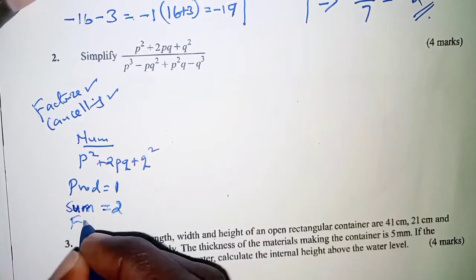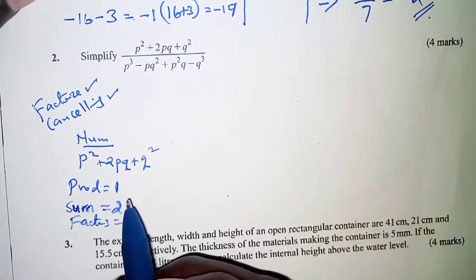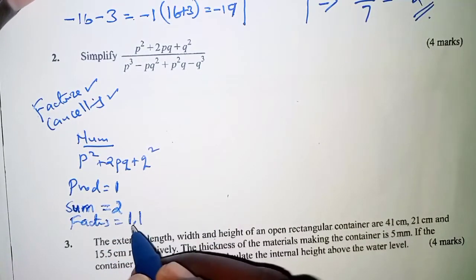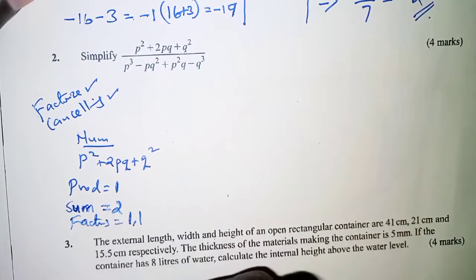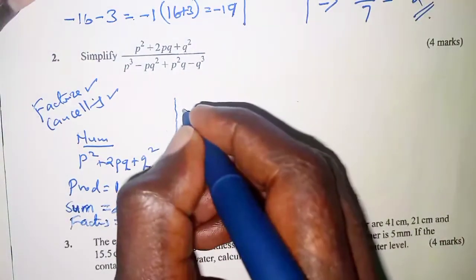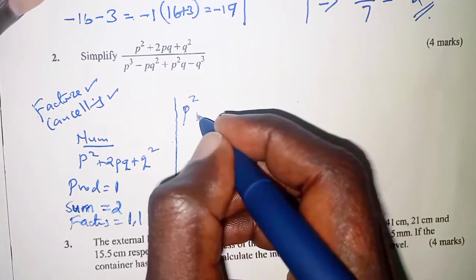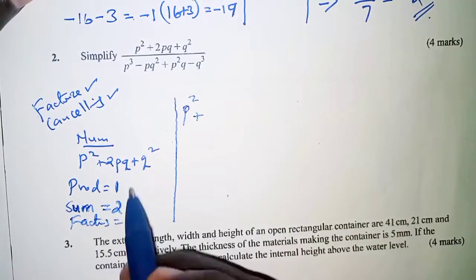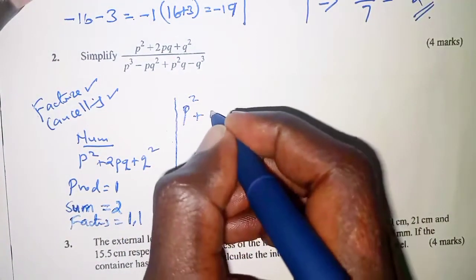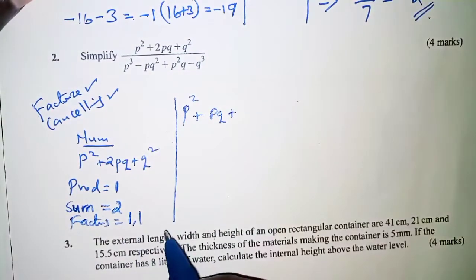And the two factors, as you can see, are 1 and 1. So 1 times 1 is 1 and 1 plus 1 is 2. So we're going to rewrite this as p squared plus, in place of 2pq, we're going to replace it with 1pq, that is pq, and then plus another 1pq.